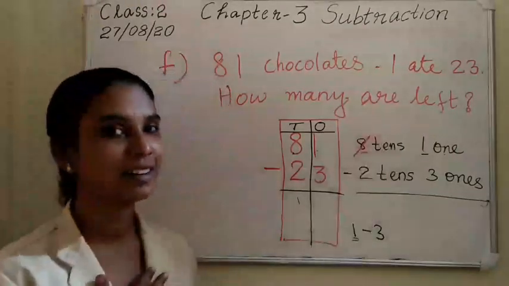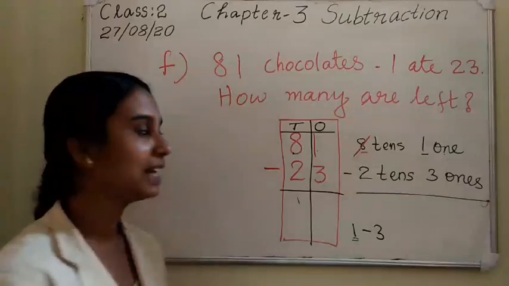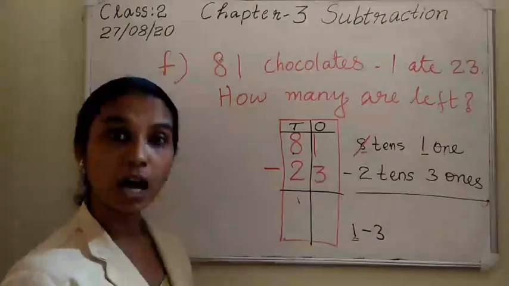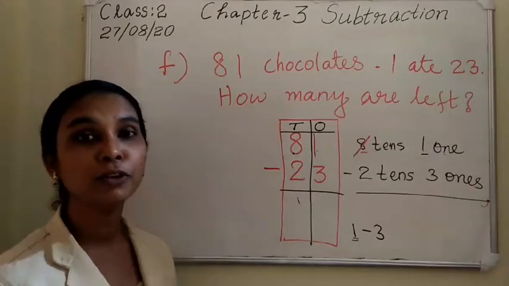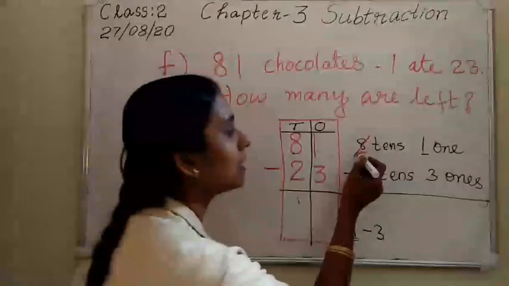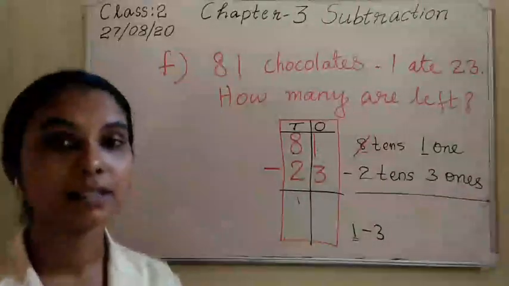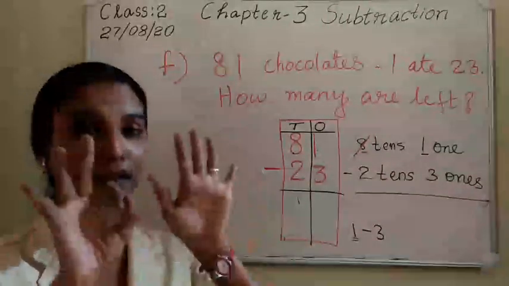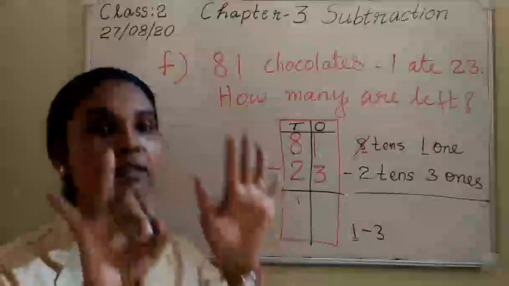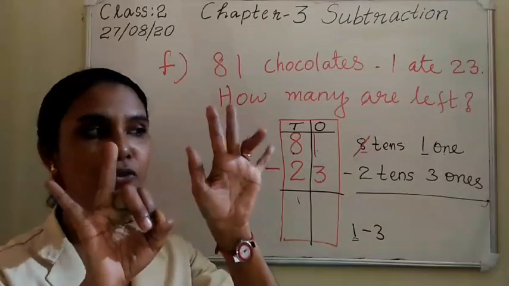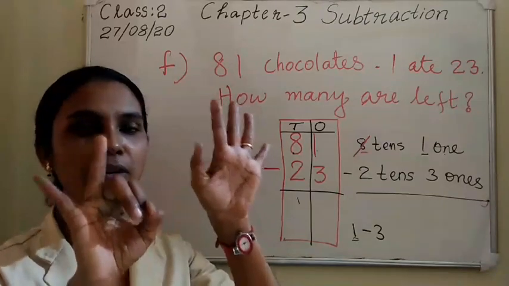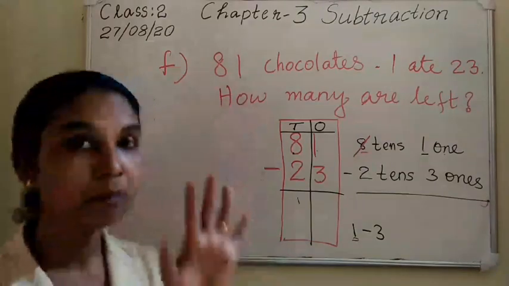Tens is very generous, like you. I have 8 tens. I will give you 1 ten. Then it became how much? 1, 2, 3, 4, 5, 6, 7. 8 became 7.